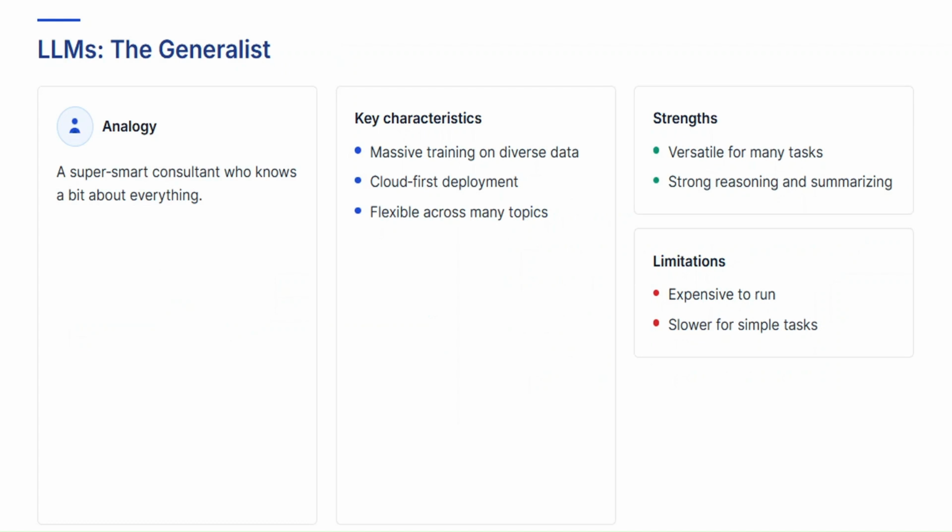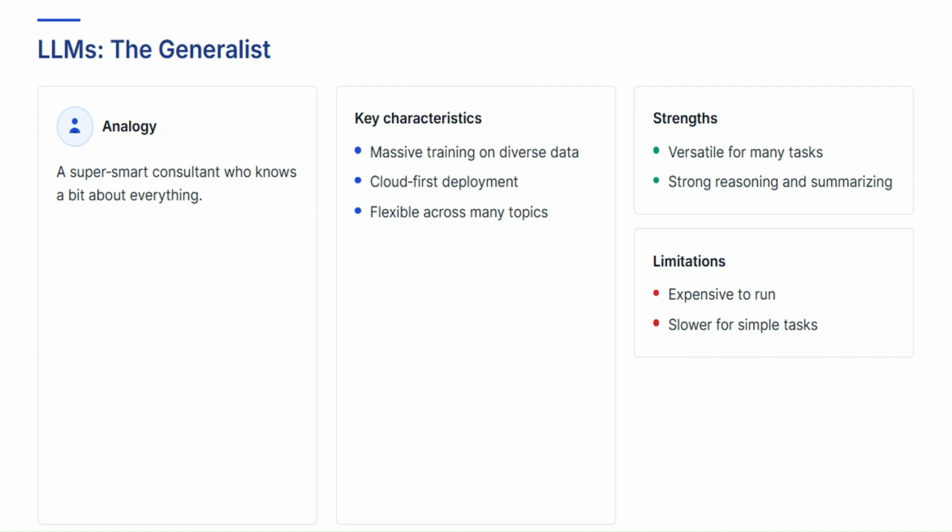Let's start with the LLM, or large language model. An easy way to understand an LLM is to think of it as a super smart general consultant, someone who knows a little bit about almost everything. LLMs are trained on an enormous amount of data from many domains. They are flexible, cloud-based, and capable of reasoning across a wide range of topics.